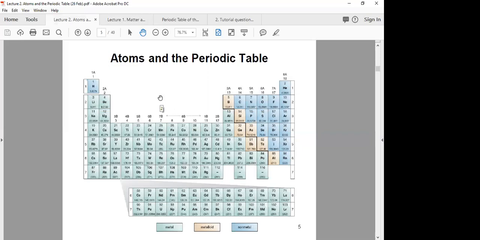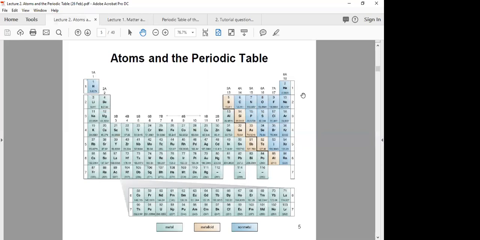So that's one numbering system, and this is a numbering system for each column of elements in the periodic table. Then we have a different system, which is also widely used, and it goes 1, 2, 3, so the bottom numbers, 4, and then across here, 12, up here, 13, through to 18. Okay, so two different numbering systems.